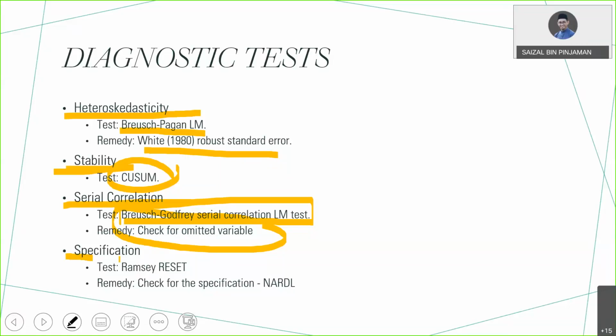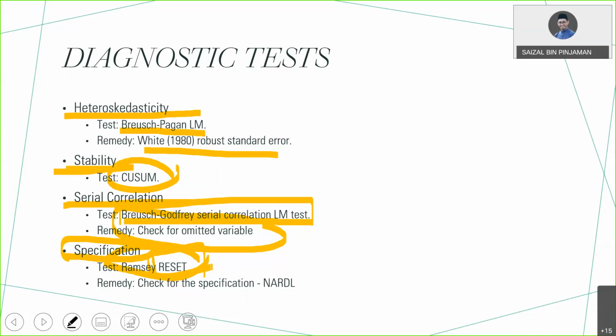Another test that we can conduct is the specification test by using the Ramsey RESET test. RESET itself stands for the regression equation specification error test. The Ramsey RESET test tests whether a nonlinear combination of the fitted values helps to explain the response variable.